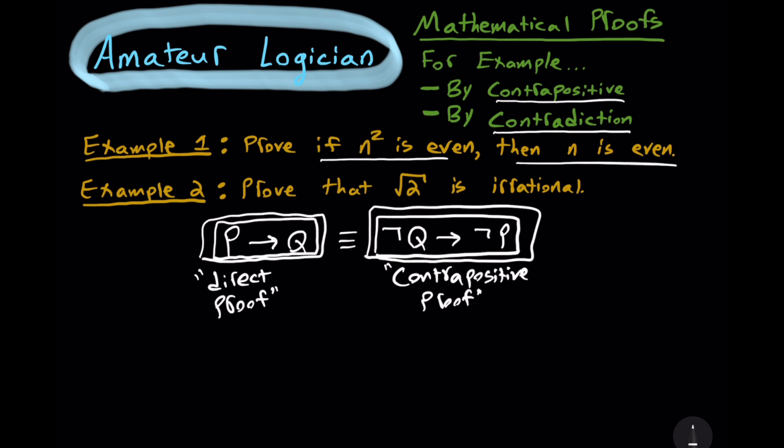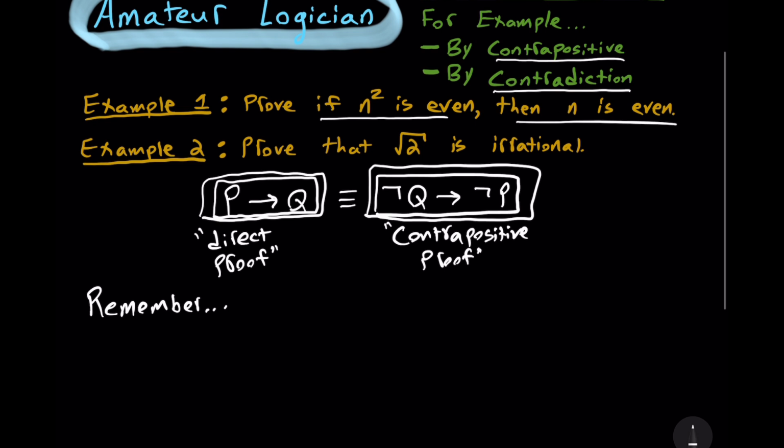But first off, we better recall some key points in basic number theory. So remember, an even number would include 0, 2, 4, 6, and so on and so forth.